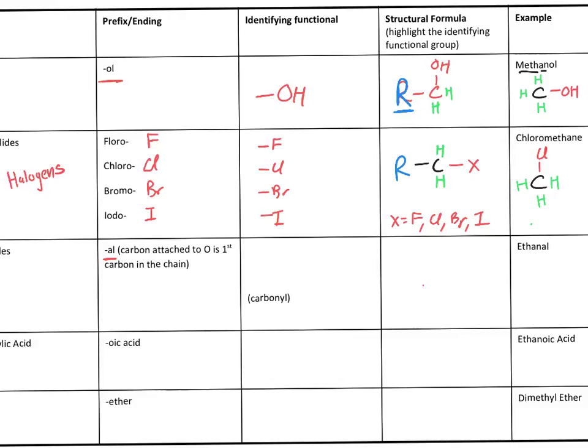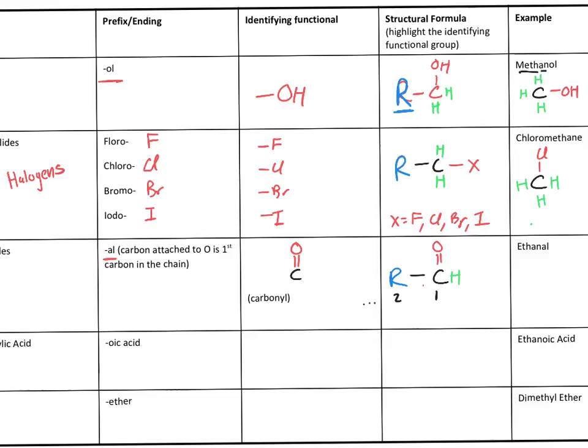So what that looks like is you would have a carbon with a double bonded oxygen. Now, the generic format or the structural formula for it would look like this, where this carbon is the number 1 carbon, and then going this way would be the 2nd carbon, the 3rd carbon, and the 4th carbon going to the left. Okay? So the number 1 carbon has to have a double bonded oxygen on it.